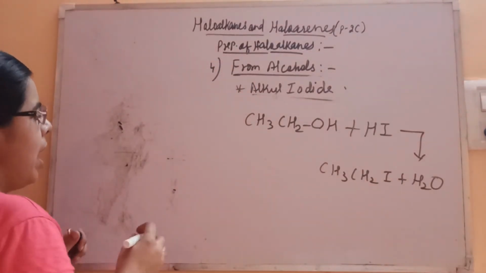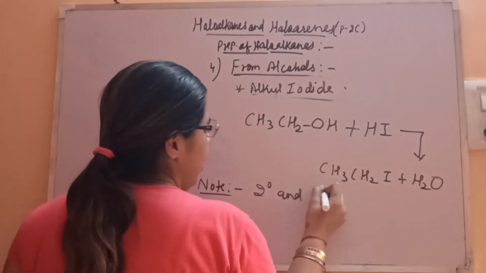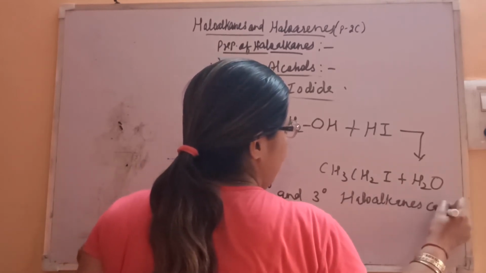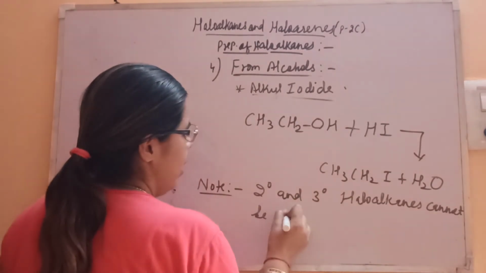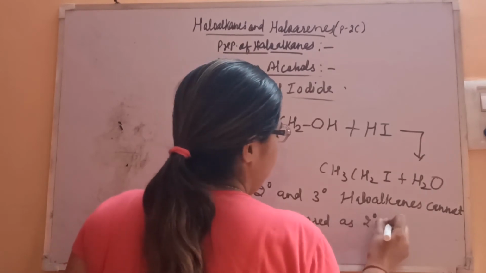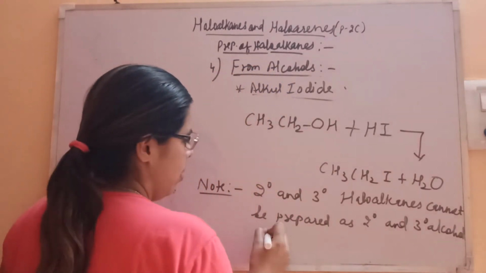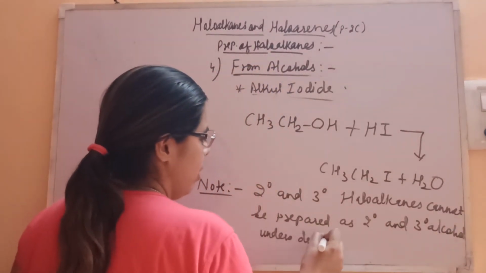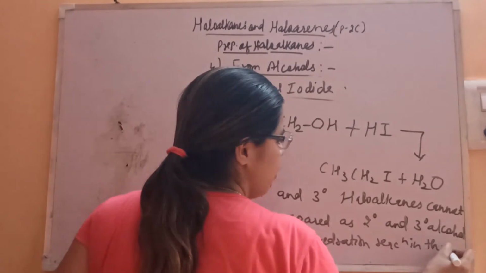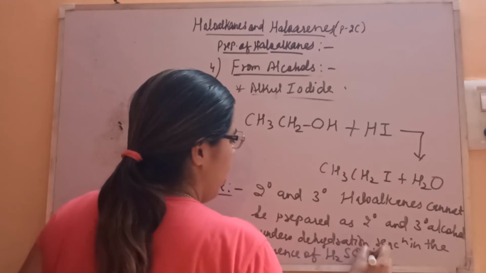This is a reaction. And you have to note down one point here, that 2 degree and 3 degree haloalkanes cannot be prepared, as 2 degree and 3 degree alcohols undergo dehydration reaction in the presence of sulfuric acid and phosphoric acid.